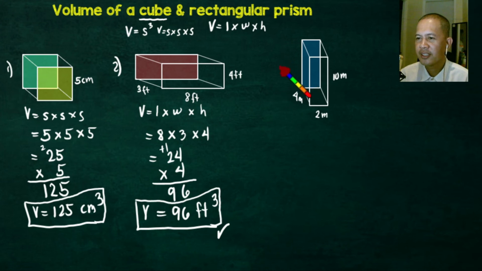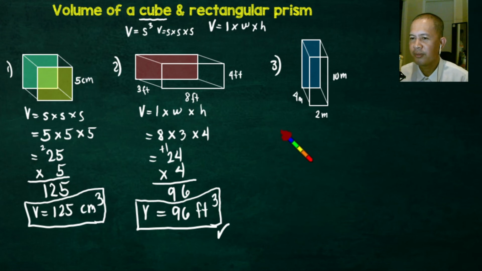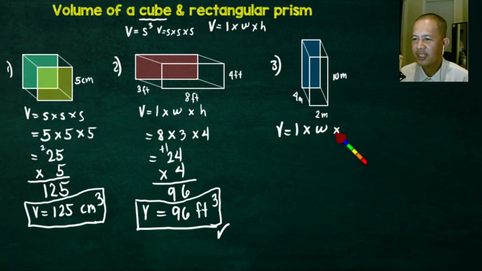For our last example, number 3, it is also a rectangular prism, so we're going to use the formula V is equal to L, or length, times width times height. Our length here is 4 meters, multiplied by our width, which is 2, multiplied by height, 10.